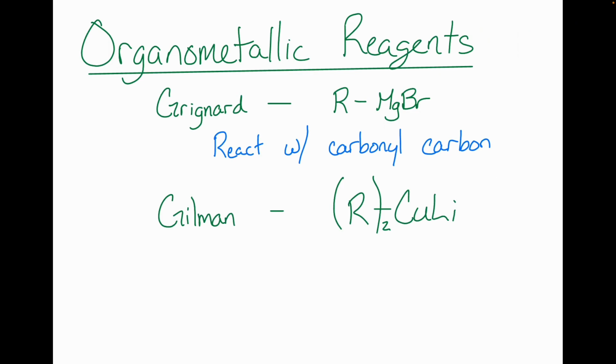And unlike a Grignard reagent, Gilmans will specifically react with that beta carbon. Okay, so both of these reactions are creating new carbon-carbon bonds, but at different sites within our alpha-beta unsaturated ketone or aldehyde.